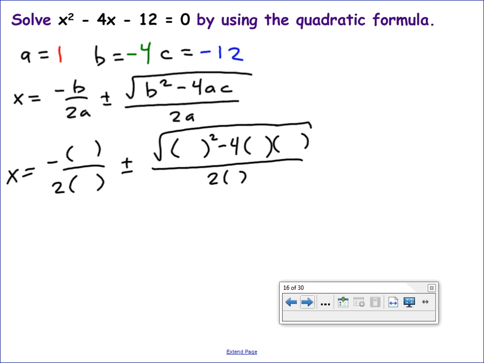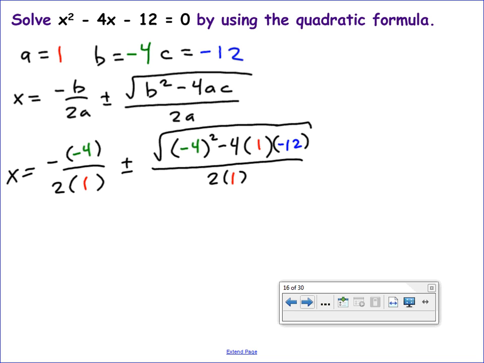So we're going to substitute in 1 for a. Everywhere I see a b, I'm not going to put b, I'm going to put negative 4. Keep in mind that this b squared is always going to be positive. So I'm putting negative 4 in for b, but I'm putting it in parentheses. When I square that, the result will be positive. And lastly, everywhere I see a c, I'll put negative 12.